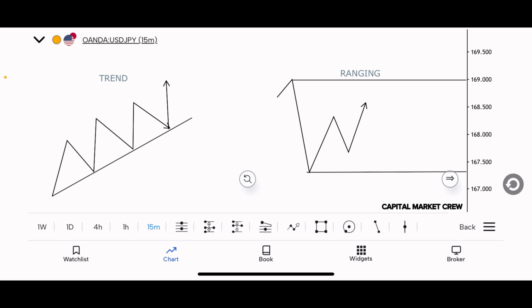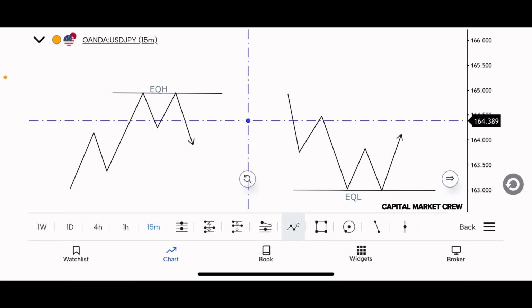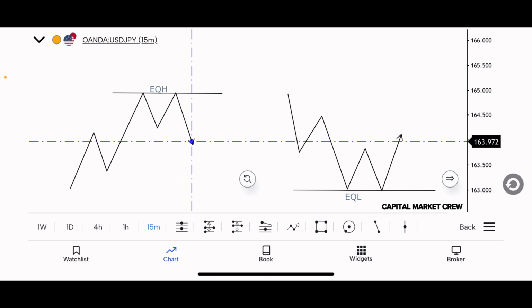The ranging liquidity is not that common in the market unless the big players are trying to accumulate a huge amount of liquidity.